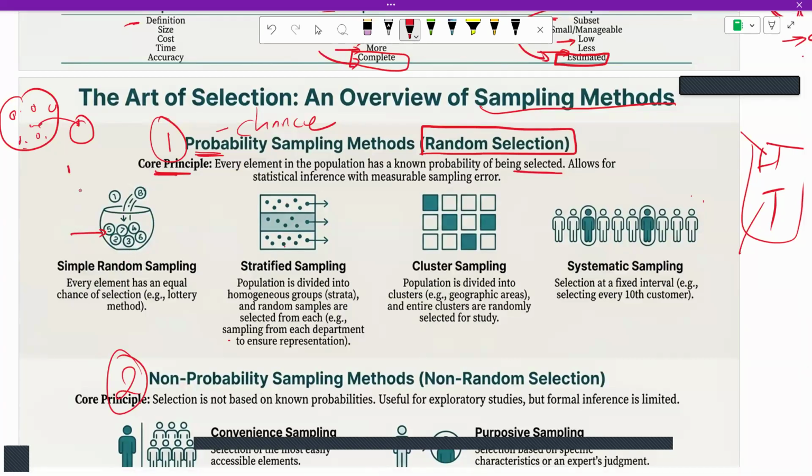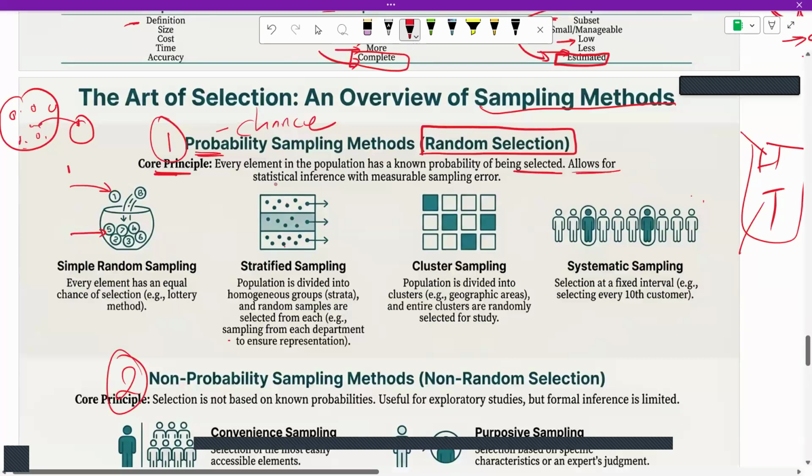It is randomly selected. We don't know which number is going to be selected, but each ball has equal chances. So that is the main principle. Every element in the population has a probability of being selected.